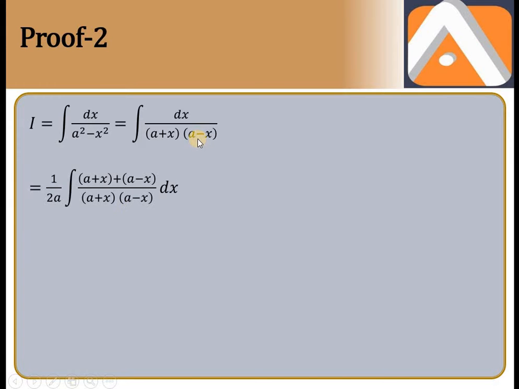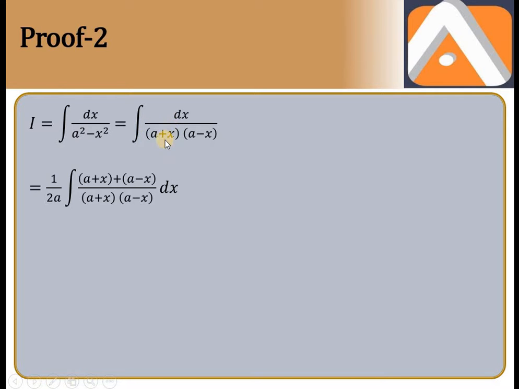After that, in the numerator, I always tell you that whenever a polynomial is given in the denominator, try to get the numerator in terms of the denominator. In the numerator there is no x term, only a constant. If I add these two terms, x will get cancelled and only 2a will be left. If I multiply with 1 upon 2a, again you get 1.